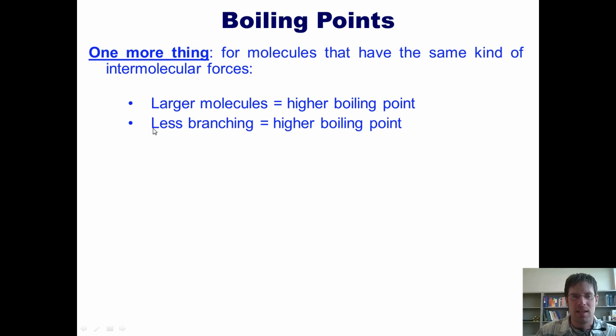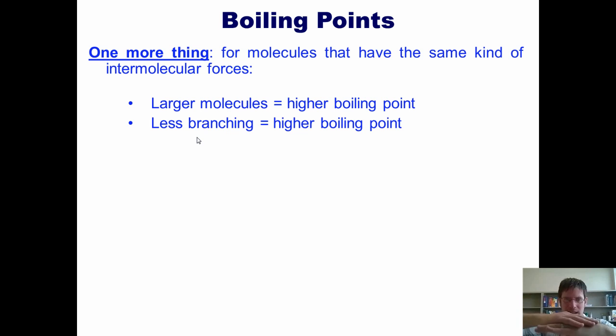The other fact is this. Generally speaking, if you have two molecules that have the same intermolecular forces, but one has more branching and the other does not, you will see the less branched molecule having a higher boiling point. Why in the world is that the case? Well, imagine I've got a straight chain alkane, floating around a solution with zillions of other molecules of itself.